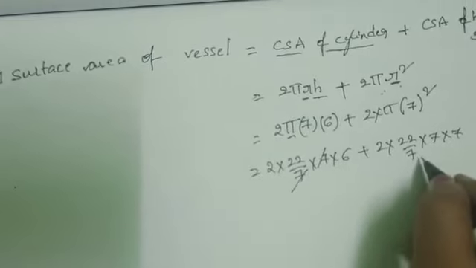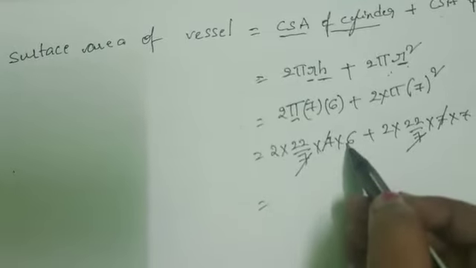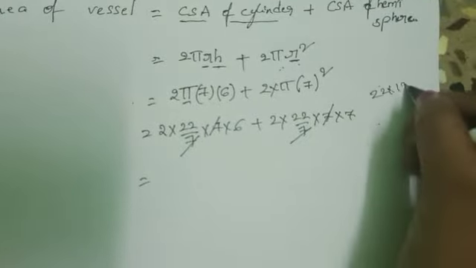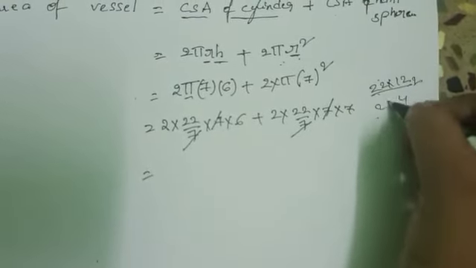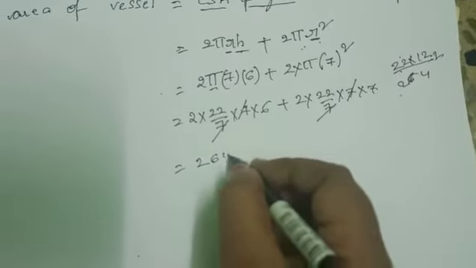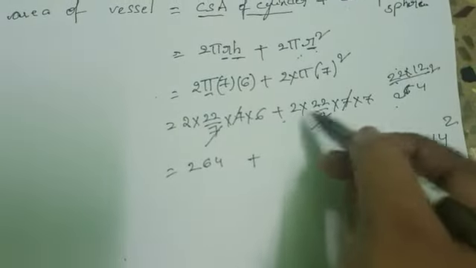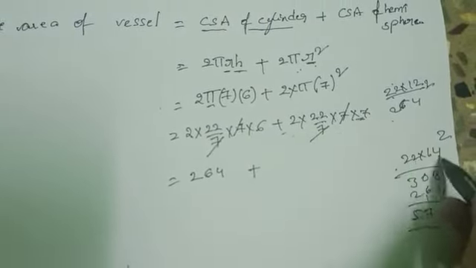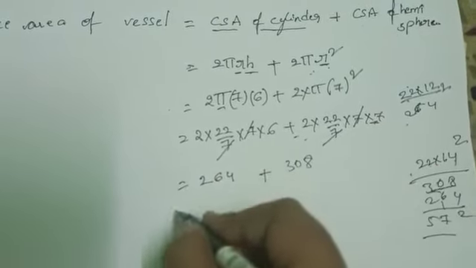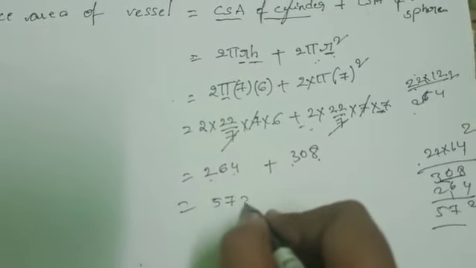Here 7, 7 get cancelled. 2 6s are 12. 12 into 22 is 264. 2 sevens are 14. 14 22s are 308. 264 plus 308 equal to 572.